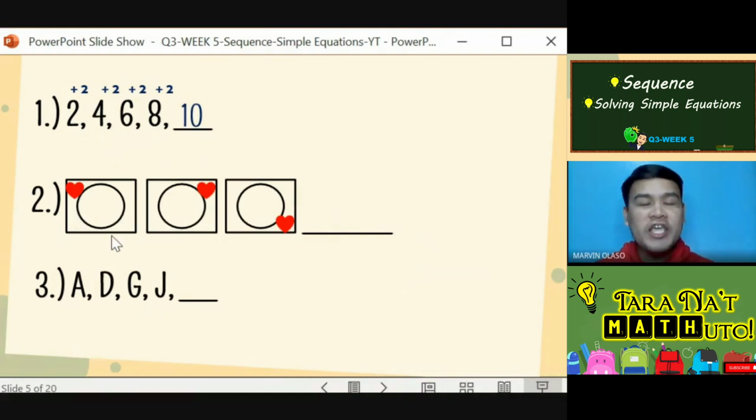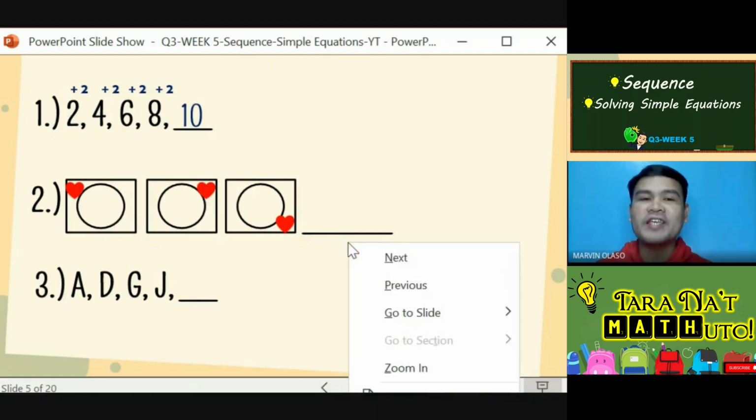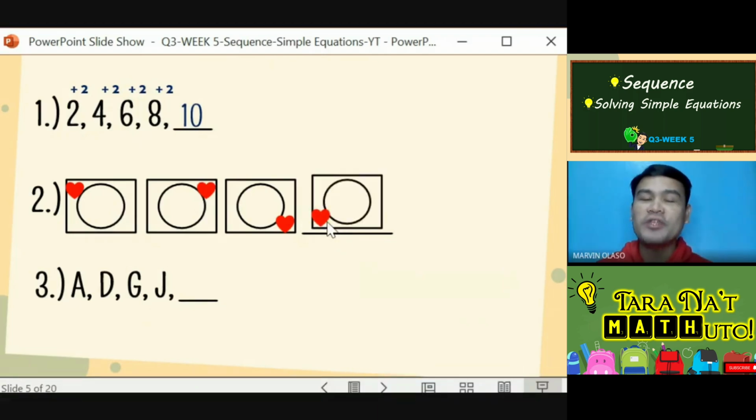Observe that the shaded heart is rotating clockwise around the circle. For the first figure, heart goes to the upper left corner. Then it goes to upper right corner. Then lower right corner. Therefore, the next term is, we have now the heart goes to the lower left corner. Okay?